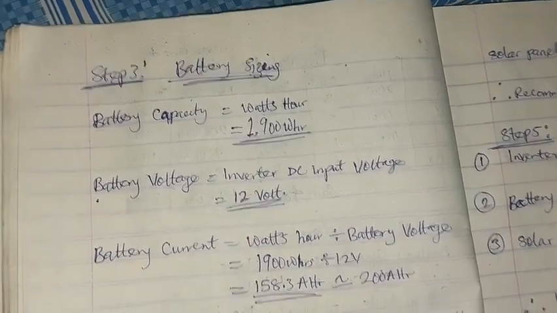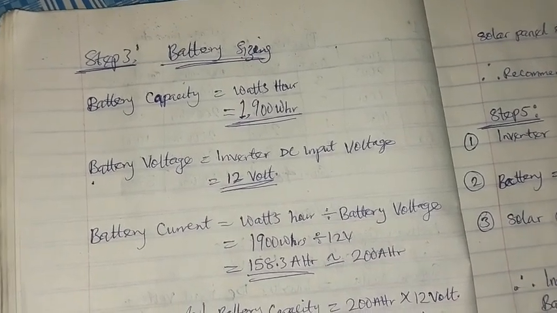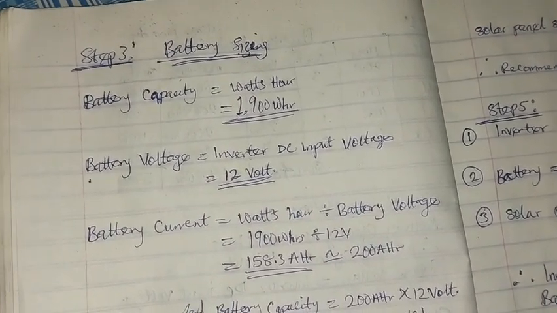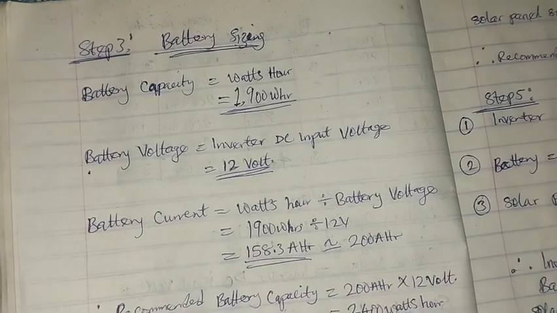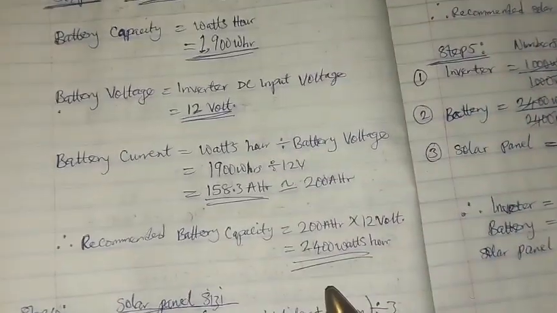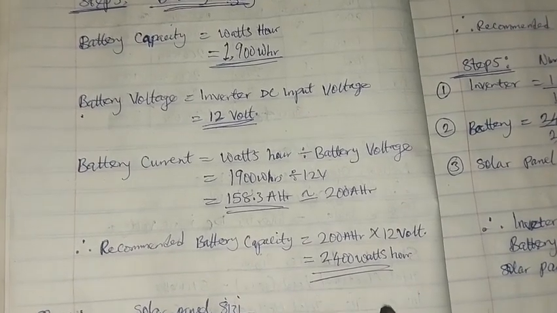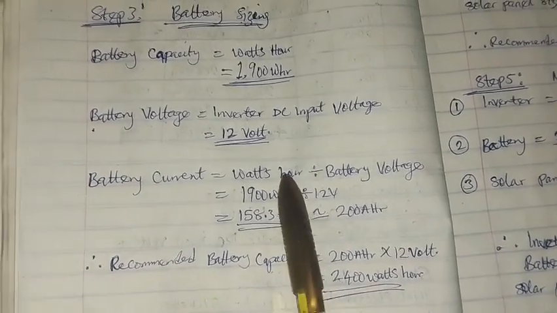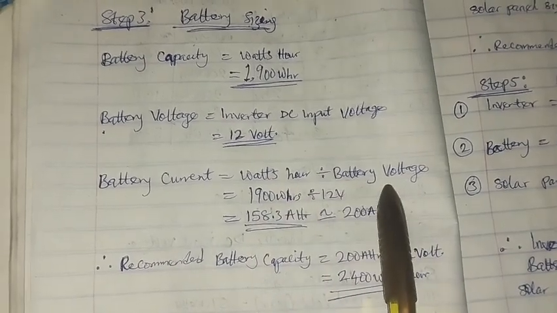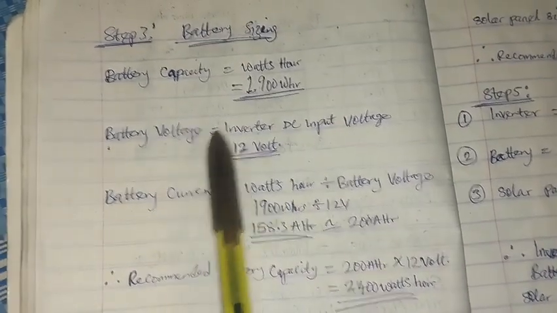We all know that a 1000 watt inverter does operate with a 12 volt battery voltage. So that's why we have this 12 volt. And then we say, okay, what will be our battery current? Our battery current is going to be watt hour divided by battery voltage.